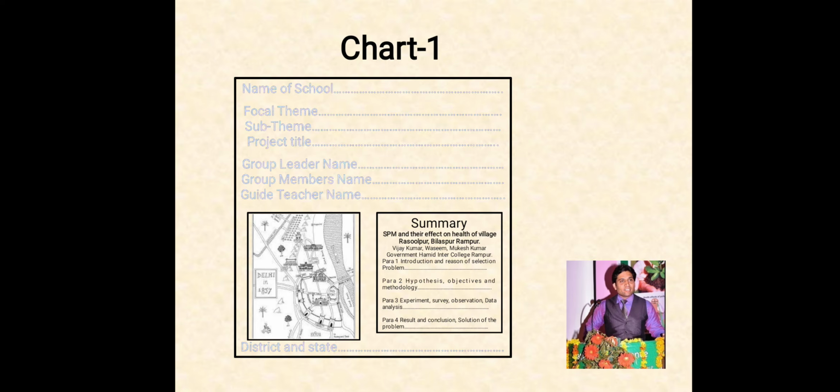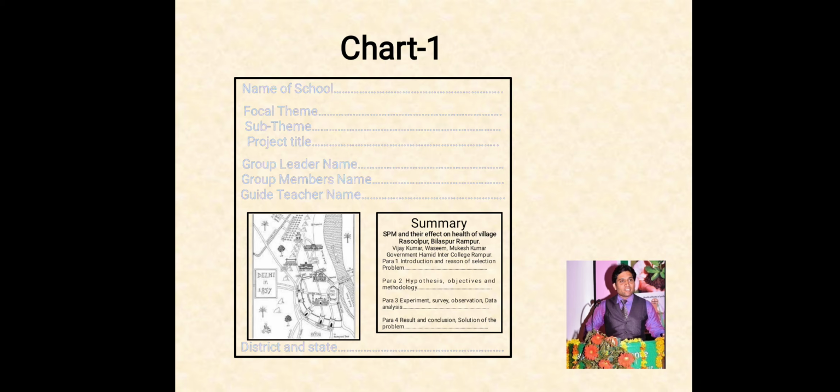Chart number 1, as shown in the slide, shows the minimum information required to be mentioned on chart 1, that is your school name, focal theme and sub-theme. If you want to learn more about focal theme and sub-theme, the videos are available on my YouTube channel. After focal theme and sub-theme, mention project title, group leader name, group member names and guide teacher name.